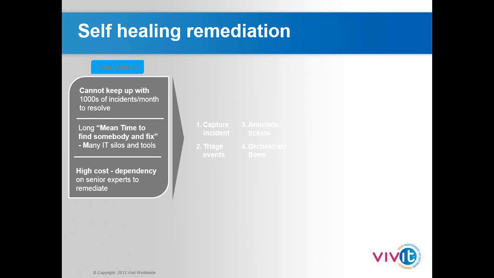And we know for sure, it's a simple mathematical calculation, that any increase in the number of events, keeping the same management staff, any increase in the number of incidents per unit of time will actually result in increased mean time to repair.